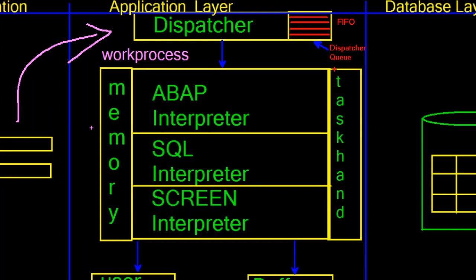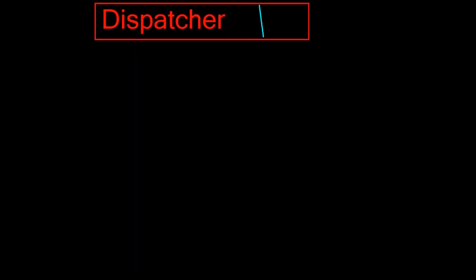So see here, this is the dispatcher and this is the queue.